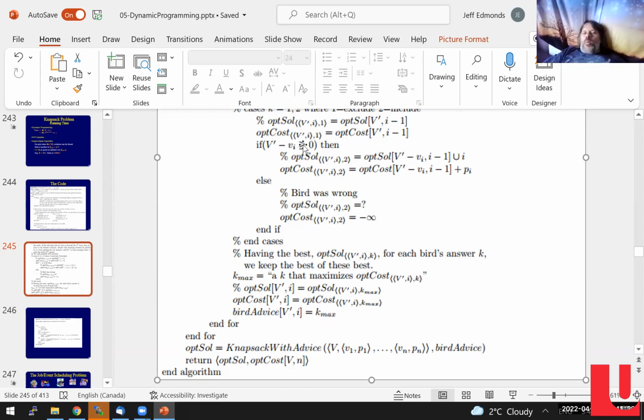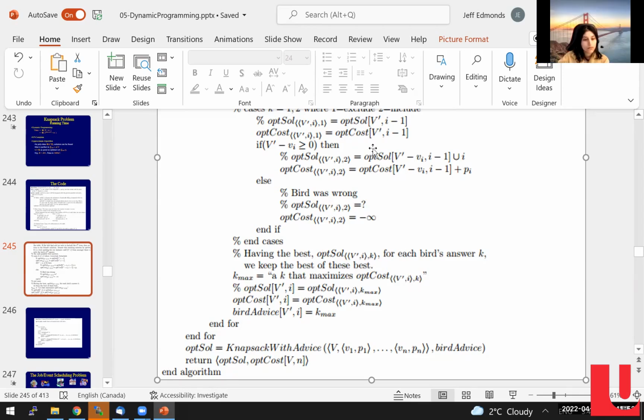Then we come down here. Now, we didn't know whether the bird should say yes or no. So we tried them both. And now for both the yes and the no, we know what the best solution to our problem is consistent with that bird answer, right? And we figure out which of those two answers is the best.